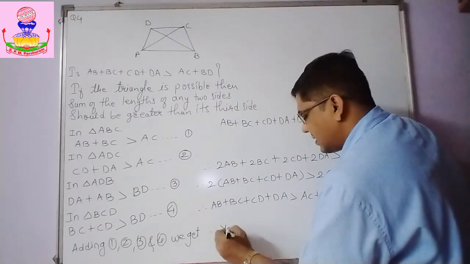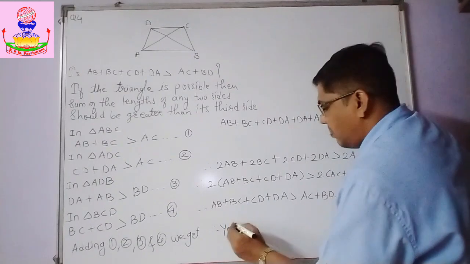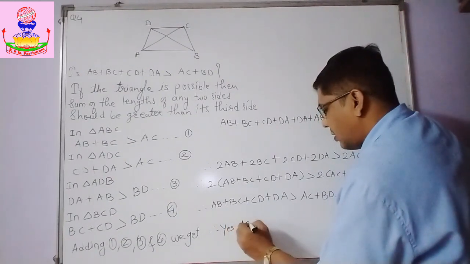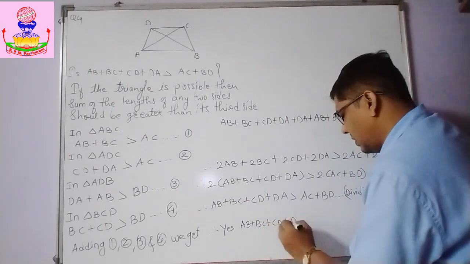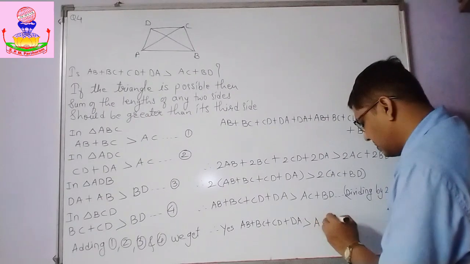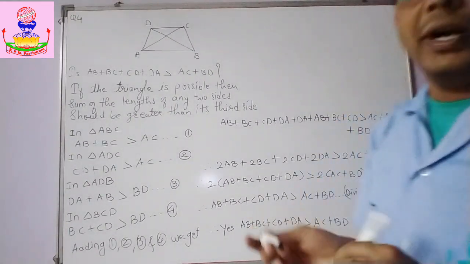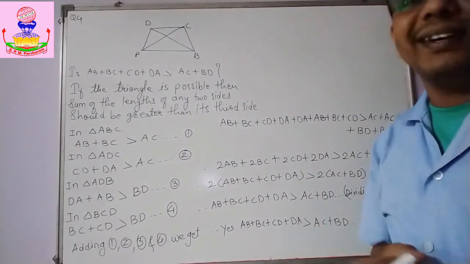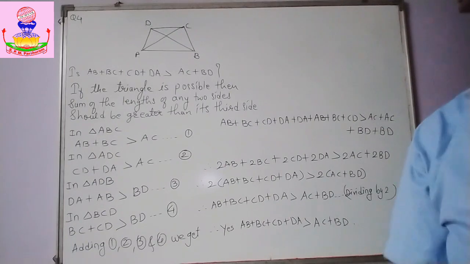Therefore yes, AB plus BC plus CD plus DA is greater than AC plus BD. Okay, so that's what is required. I hope you have understood. Now let us move to the next example.